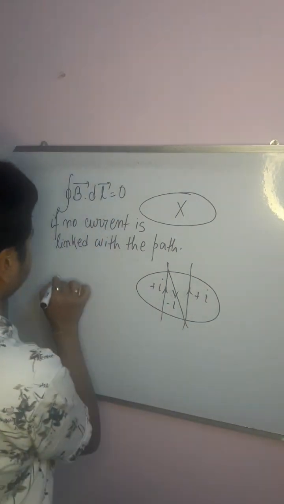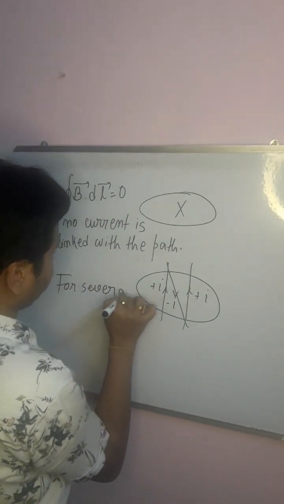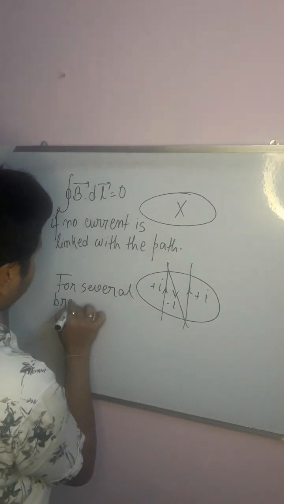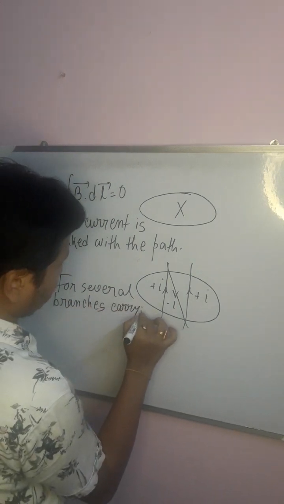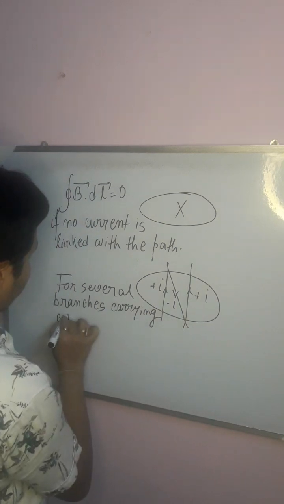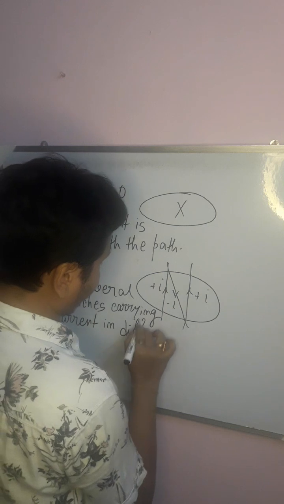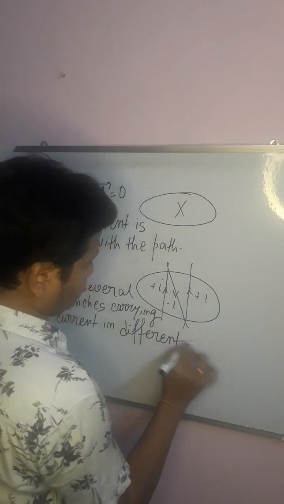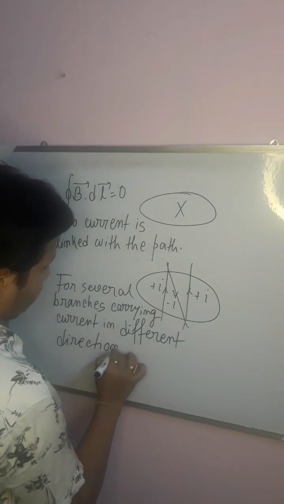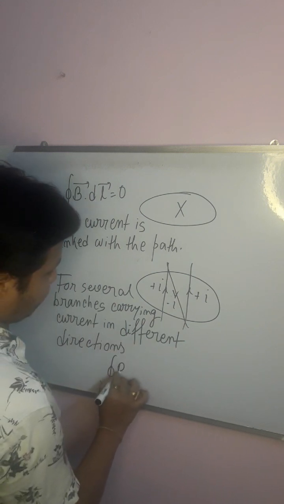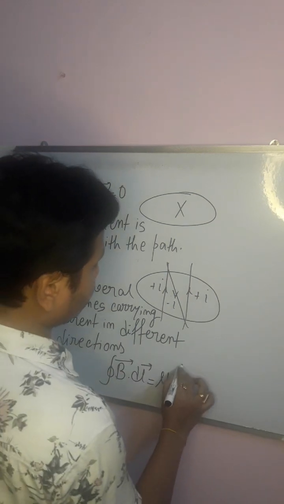So for several branches carrying current in different directions, we can write this line integral B dot dl equals mu naught I, where we have to take the sum.